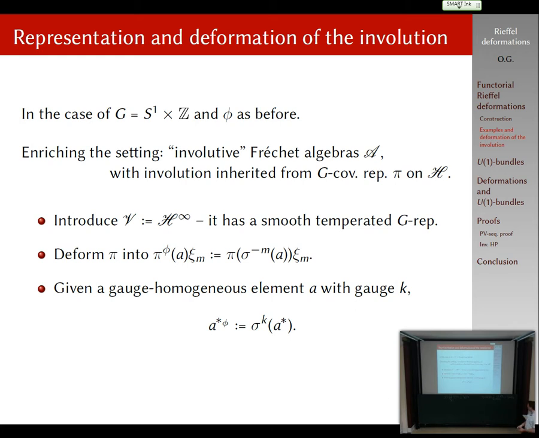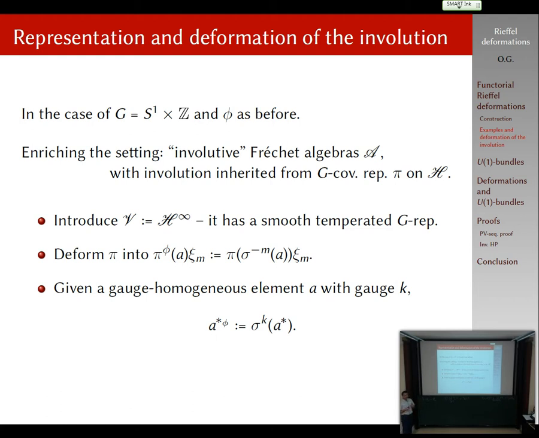Then you deform, so what you have here is really a map. So pi is going to be a map from A tensor this smooth version, to H infinity. And this kind of map we can deform using our natural transformations. So that's what we do, and we deform the representation into pi phi, just like that.